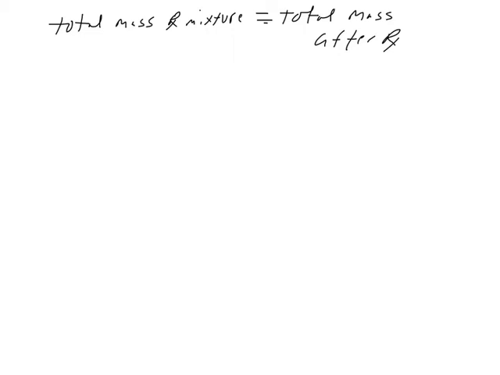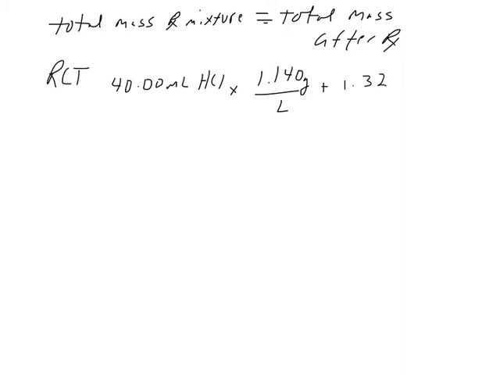So, let's deal with the reactant side. On the reactant side, RCT, we've got the mass of the tablet, and we've got the hydrochloric acid. So I'm going to take my 40.00 milliliters of hydrochloric acid times the density, 1.140 grams per liter, and then I'm going to add in the mass of my Tums tablet, 1.328 grams.